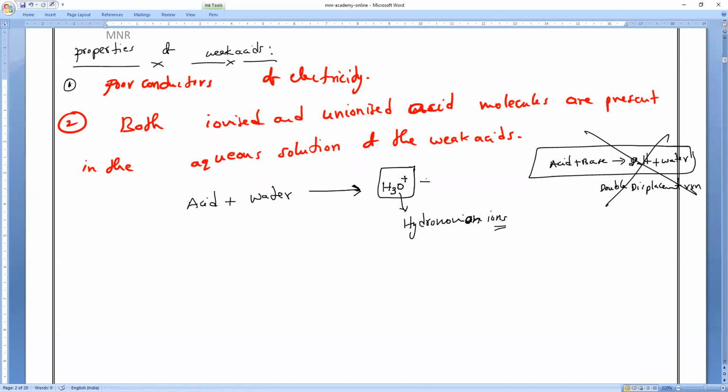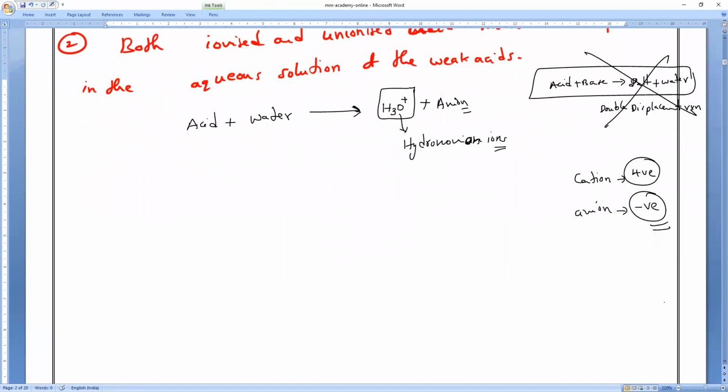Plus it will form an anion. As we know, cation means positive ion and anion means negative ion. That is what you have to remember. Now, for example, let me take how it will form. If I take acetic acid, what is the formula of acetic acid, everybody?